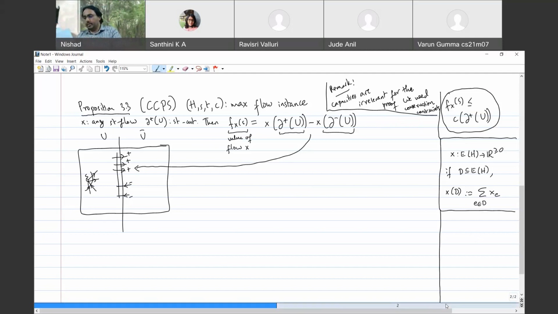So that brings me to, I'm not going to write down everything. We have a max flow instance, we have a flow, and we have a cut. Then the flow value is upper bounded by the capacity of the cut.